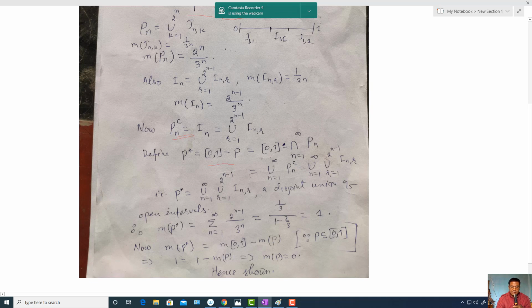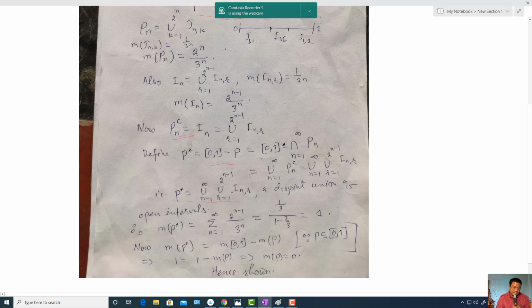Pn complement means the union over r running from 1 to 2 to the power n minus 1 of I_nr. Therefore ultimately P star is equal to the union n running from 1 to infinity, union over r from 1 to 2 to the power n minus 1, of I_nr, a disjoint union.